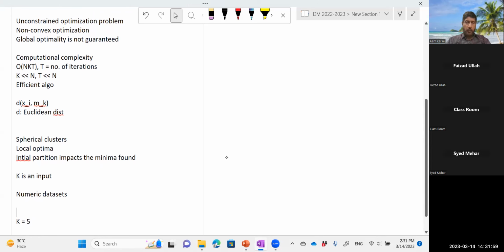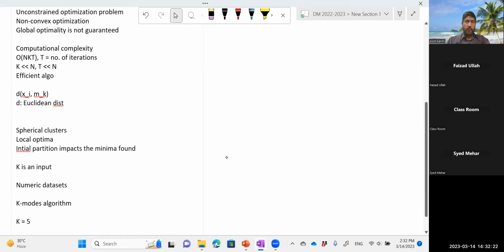Okay. Let's quickly discuss one more technique, although it's not very popular in practice, but it can be applied to categorical data sets, which is called the K-modes algorithm. As the name suggests, instead of the prototype being the mean, we take the prototype as the mode.